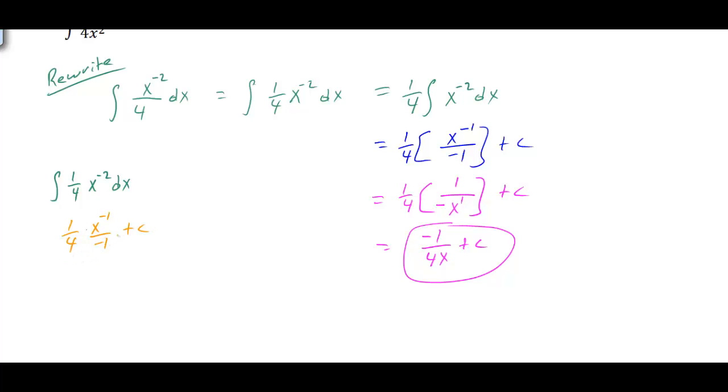And once again here, whether you pull the 1/4 out or not, you're still going to end up with the exact same answer. You're still going to have that negative 1 over 4x plus c. So it's kind of up to you. Some problems it's just as well to leave this constant inside. For other problems, it's to your advantage to pull it out front in front of the integral.